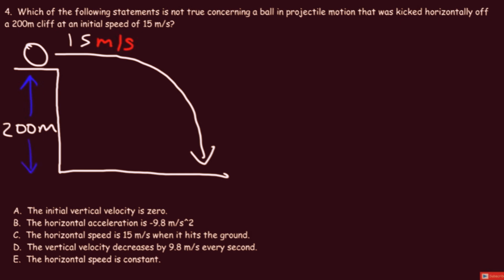So let's start with the initial vertical velocity being zero. The ball is moving in the x direction, it is not moving at an angle, so it has no y components. Whenever an object is moving horizontally, the vertical speed is always zero.